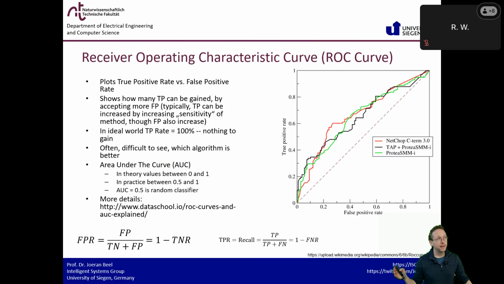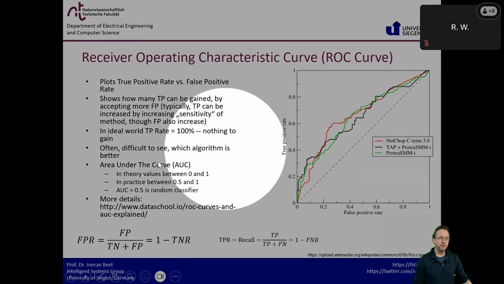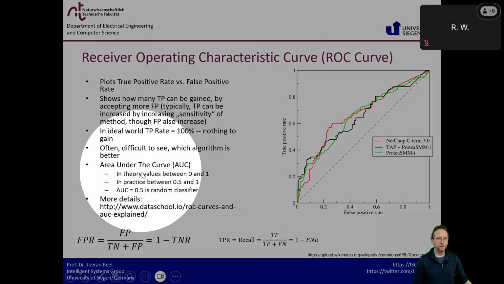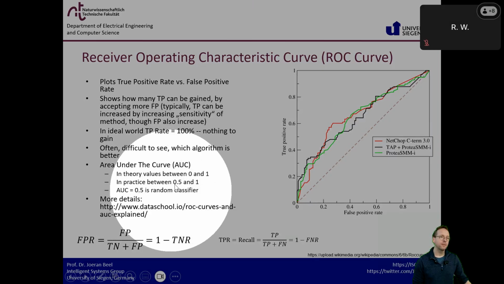You could maybe calculate the area under the curve. That's on one of the next slides. Oh, no, it's here. The area under the curve, the AUC. Remember that if the AUC is 0.5, that's the performance of a random classifier. But it gives you a good estimate.